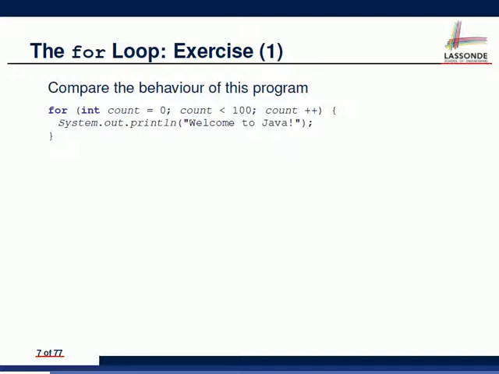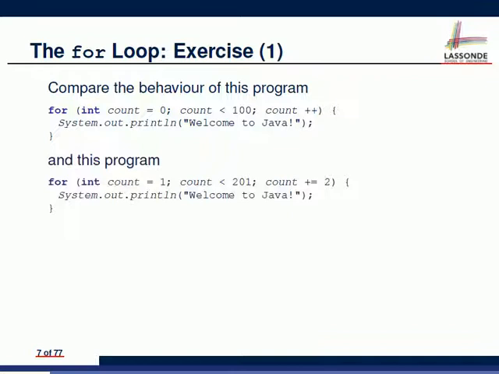Now let's think about the following question. Let's have a look at this loop here. We have a counter called count, initialized to be 0. As long as count is less than 100, we're going to stay in the loop and print out some message, and then count++ at the end of each loop. That's number one. And number two, let's say we do that slightly differently. Let's say these two loops are completely independent.